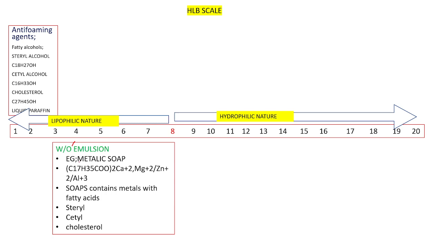Divalent or trivalent, that is +2 or +3, metallic soaps will act as lipophilic surfactants that can stabilize water in oil emulsions. Why it is lipophilic in nature, we can discuss in detail in the further slides.